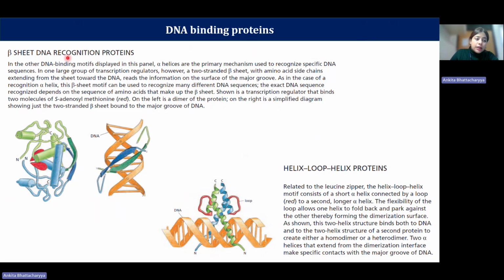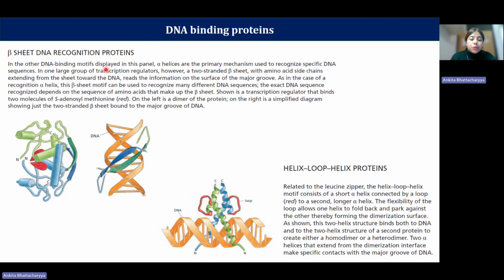Then you have beta sheet DNA recognition proteins, which are another set. These are a little unusual. More commonly, you will find alpha helix based motifs to be more prevalent for DNA recognition.